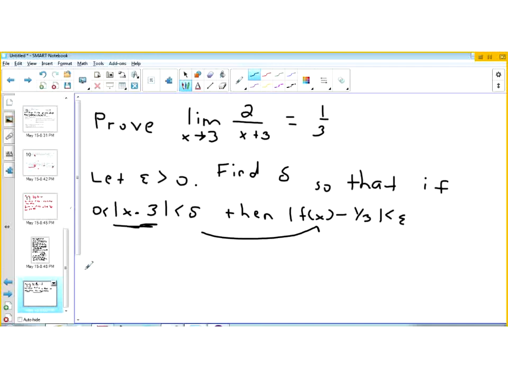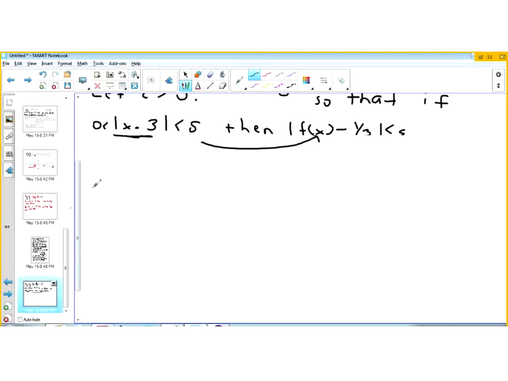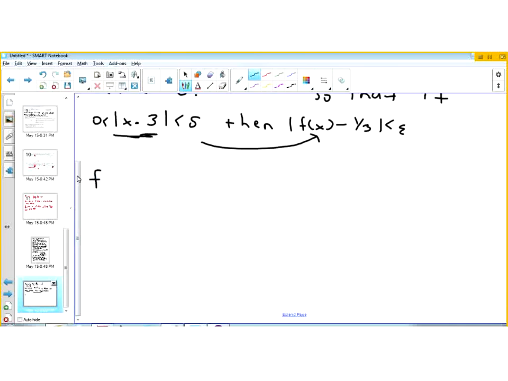Okay, so we want to solve for this quantity, the absolute value of x minus 3. So solve for this using this.